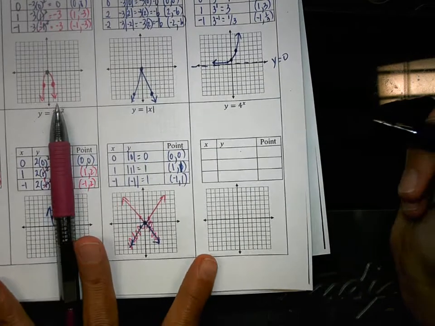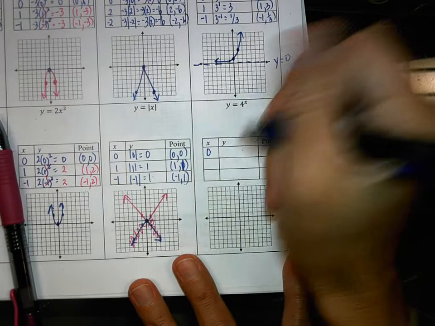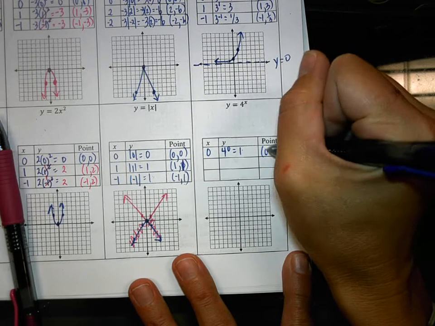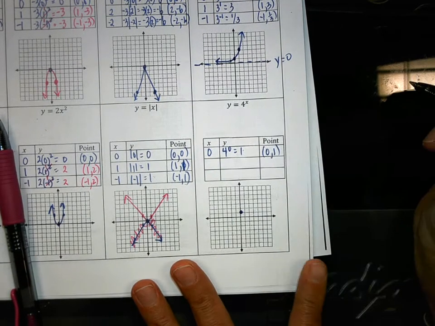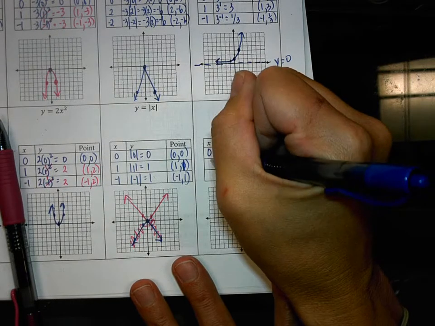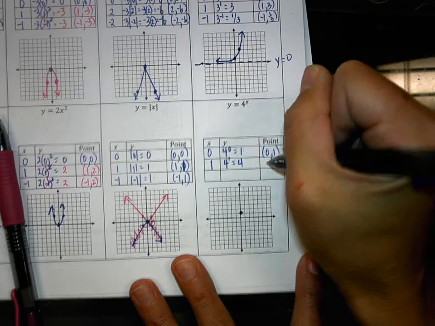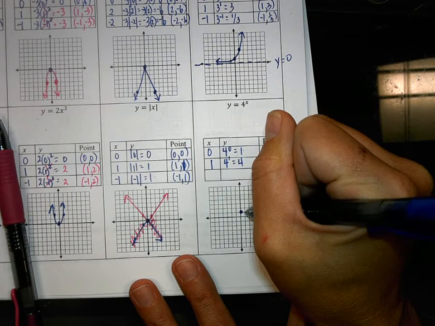Y equals 4 to the x. So we'll plug in 0. 4 to the 0 is 1. 0, 1 is our first point. We'll go ahead and plug in 1. 4 to the first is 4. And so we have 1, 4. So right 1, up 1, 2, 3, 4.